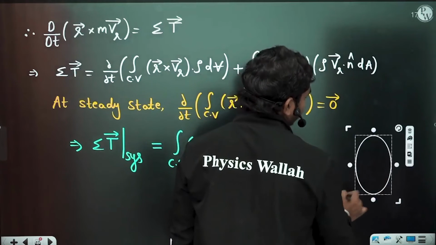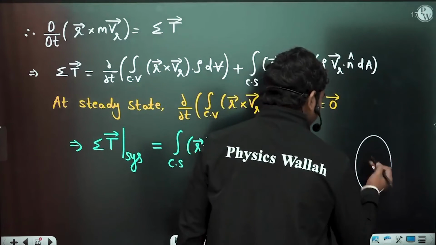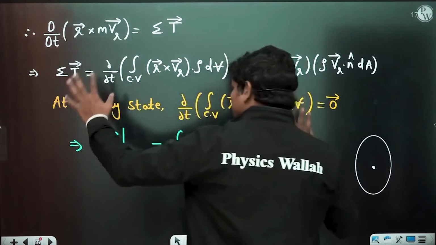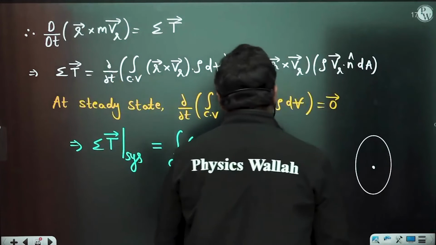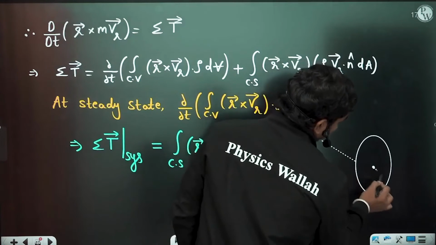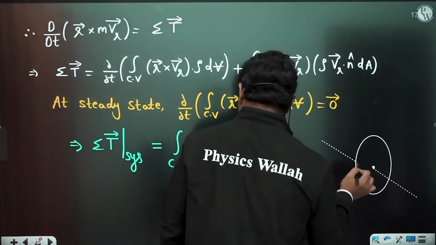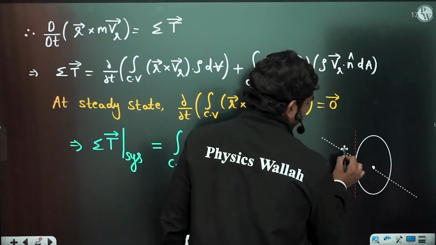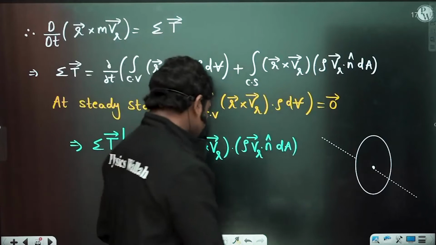So let us suppose you got a disc, and this is the center of the disc. This is actually the basic funda for hydraulic machines also. So now let us suppose this is some disc, and we have some axis of the disc.